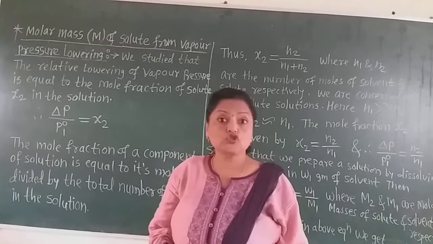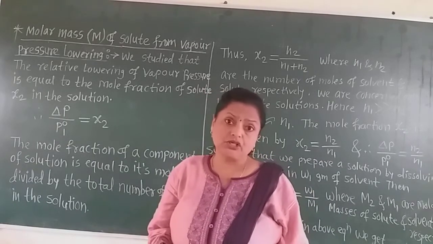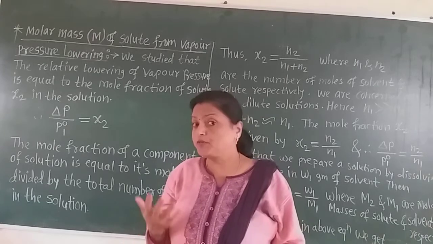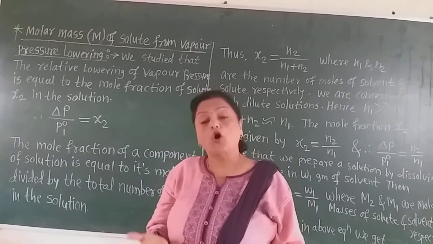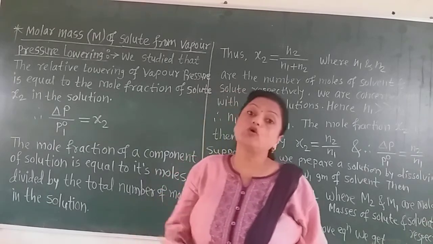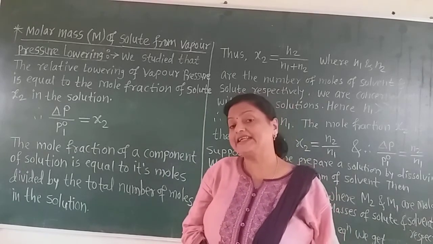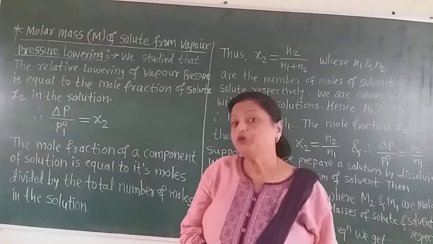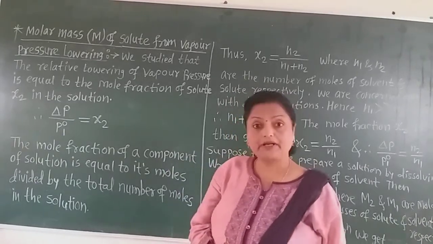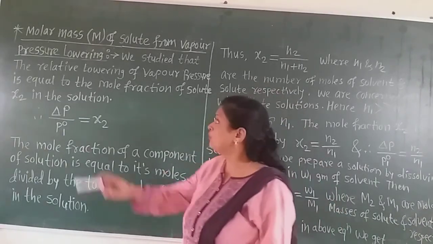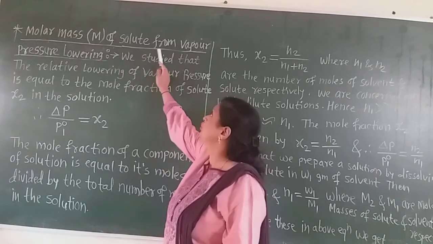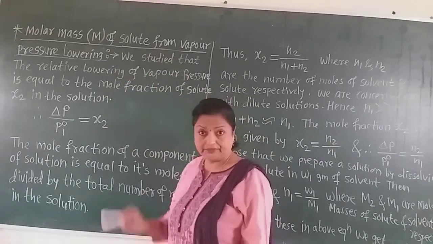We also solve some numericals on the formula we obtain for the calculation of molar mass of the solute. So let us learn how we can calculate the molar mass of the solute from lowering of vapor pressure.